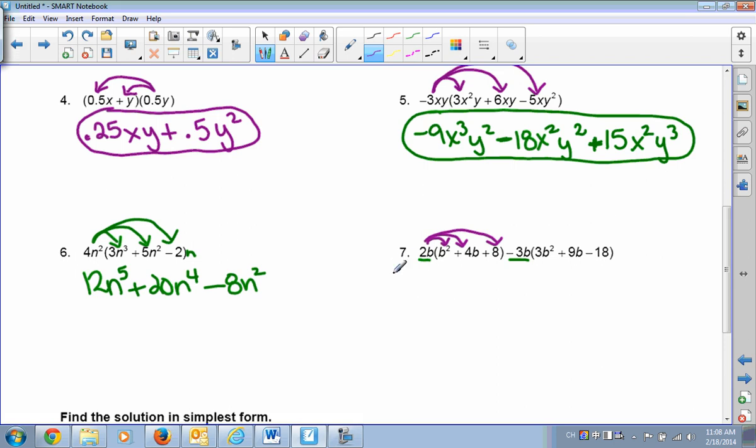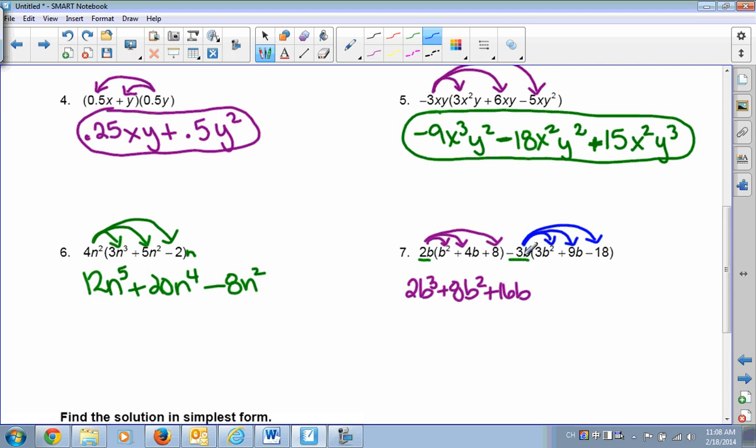Okay, so distribute 2b cubed. 2 times 4 is 8b squared plus 16b. So that's that first multiplication. Now you have to distribute the back monomial.